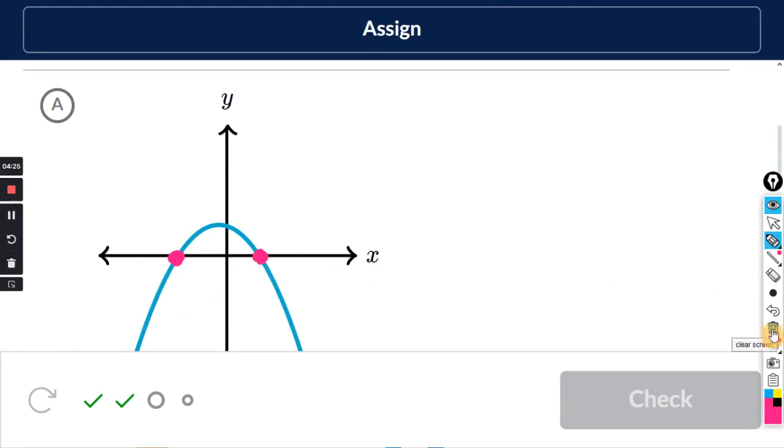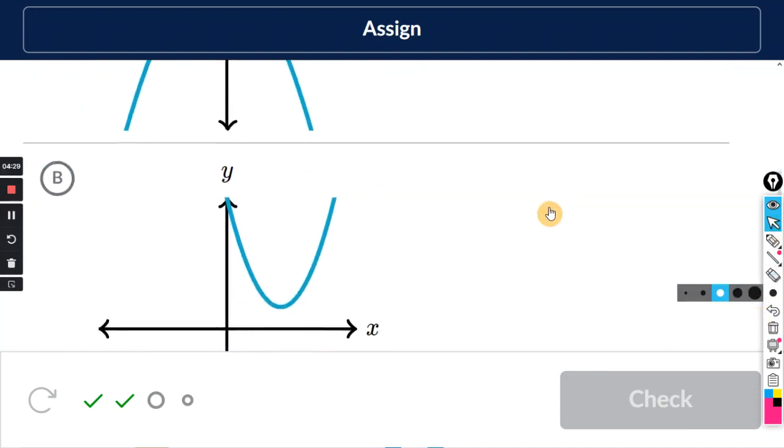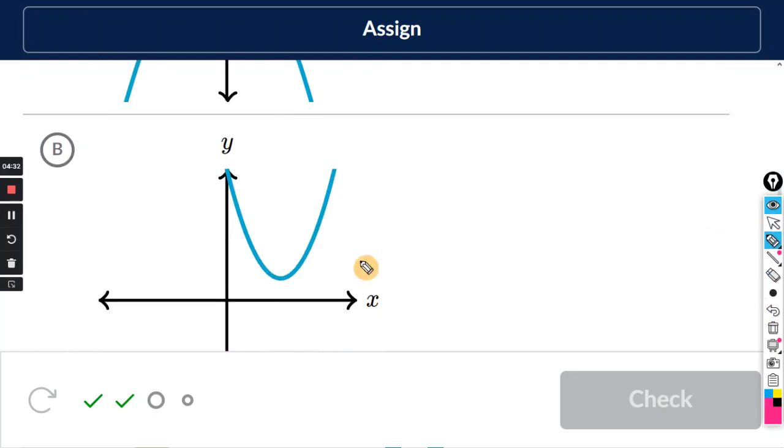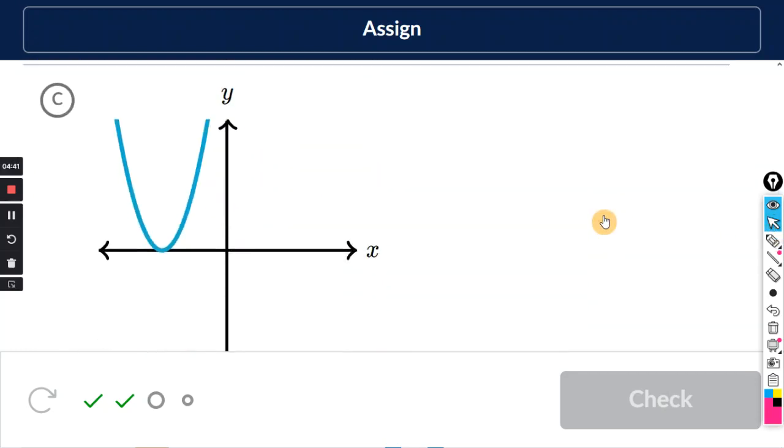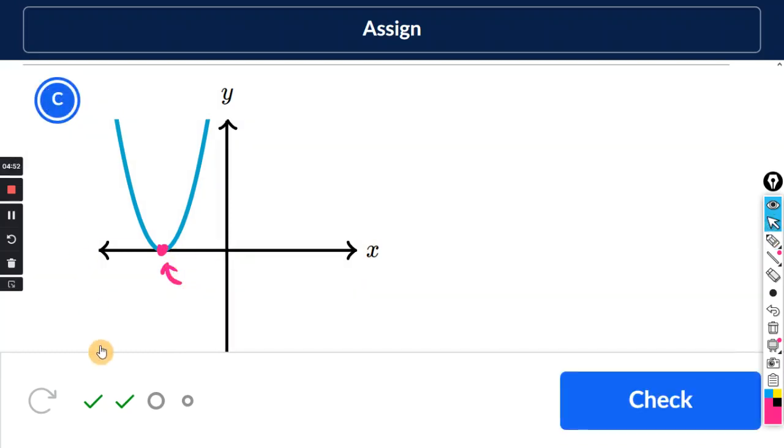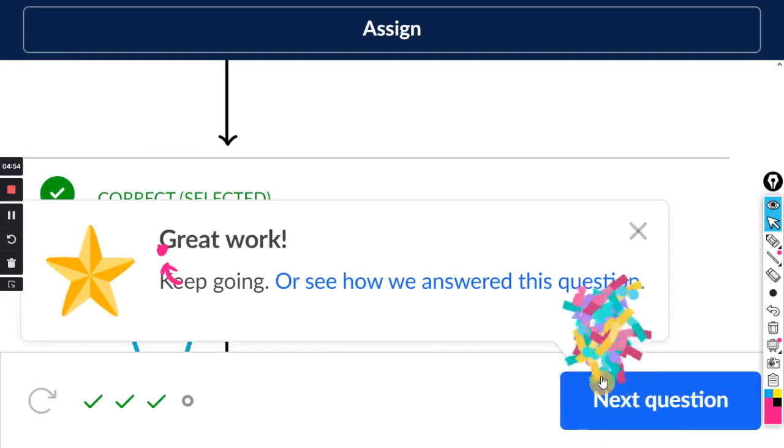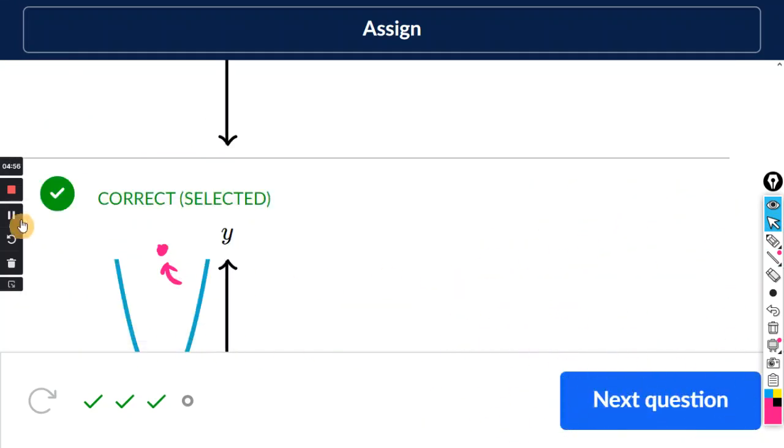So it's not A. Scrolling down, answer B never meets the x-axis, so this doesn't have any x-intercepts. Answer C, we can see this meets the x-axis at this one point. This is the x-axis, and that is your one x-intercept. So that is the correct answer.